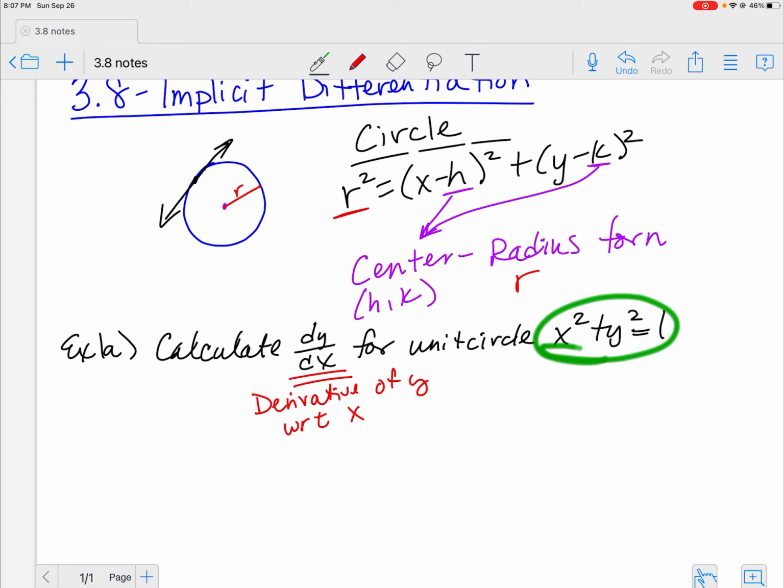We have an x and a y. But if I find the derivative of y with respect to x, notice for implicit differentiation, you have to use this notation. There is no f, there is no function. I'm not talking about a function here. I don't have a y prime. I'm not getting y by itself. I am taking the derivative of y with respect to x. So x is the variable that I'm focusing on in terms of taking a derivative.